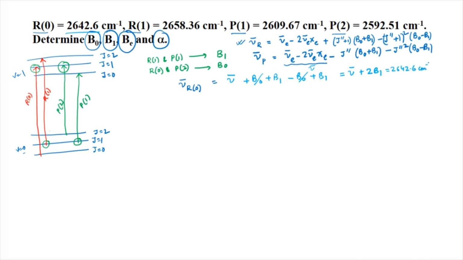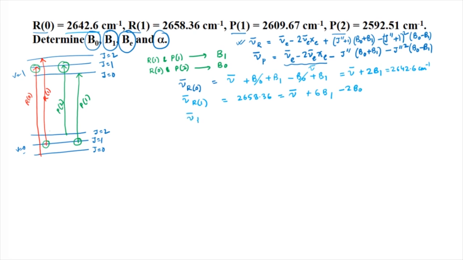wave numbers. So, similarly, we can write nu bar R 1 equal to 2658.36, which equals nu bar plus 6 B 1 minus 2 B 0.